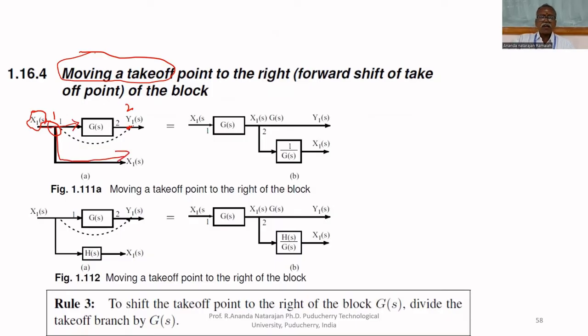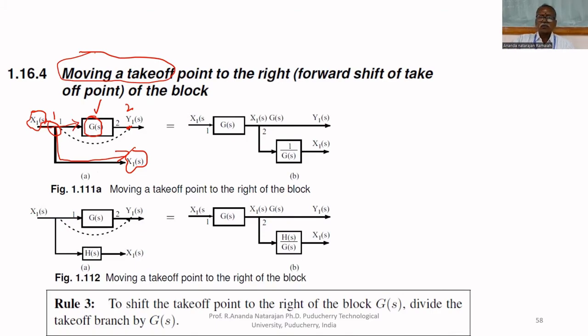If you shift that, what will happen? Let us assume that G is a simple gain, K. If x1 is passed through it, it is amplified. So here we are getting it without amplification. Here we are getting it amplified by G of S. But if you shift that, the takeaway point is an amplified signal.